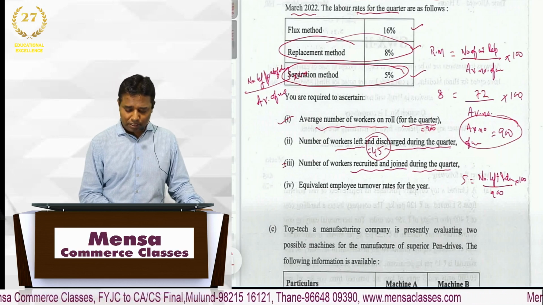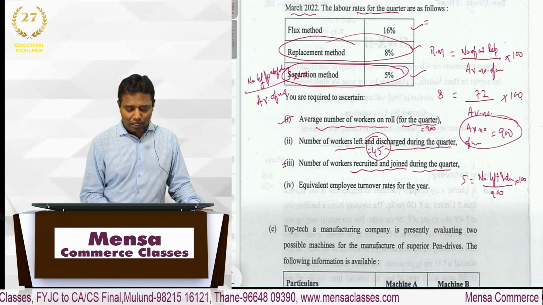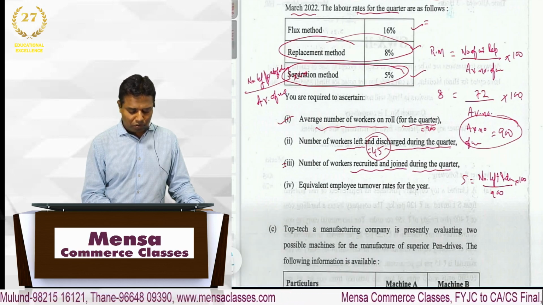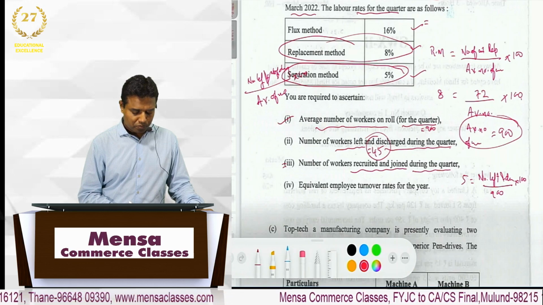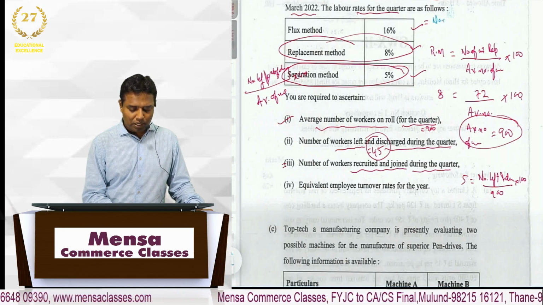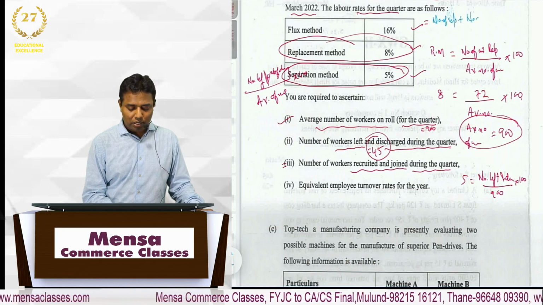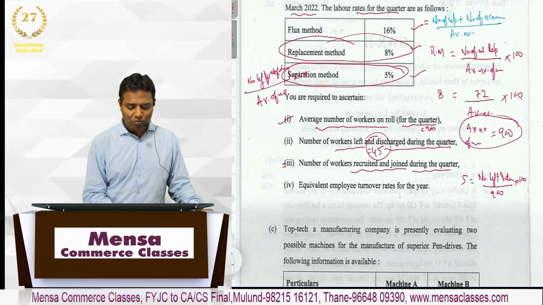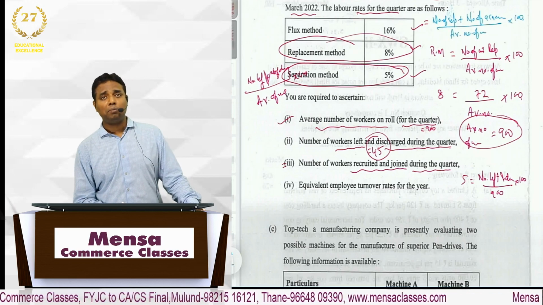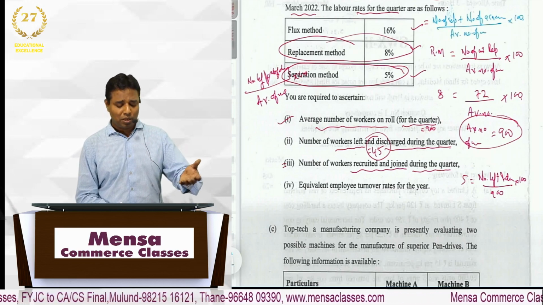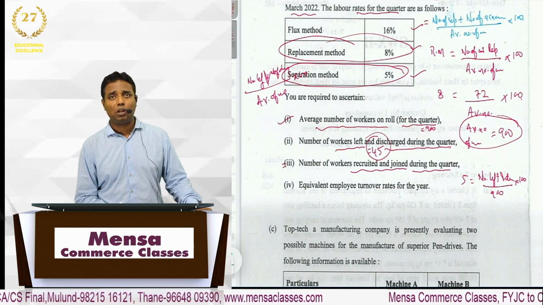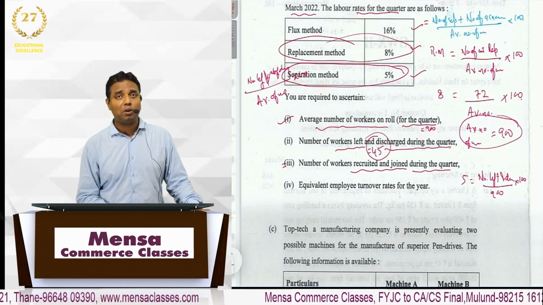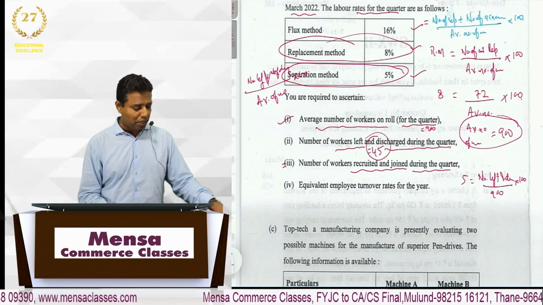The formula for the flux method is number of workers separated plus number of accessions upon average number of workers into 100. Number of accessions means replaced plus whomever you have recruited and joined; all those extras also come in. That's a total cumulative.